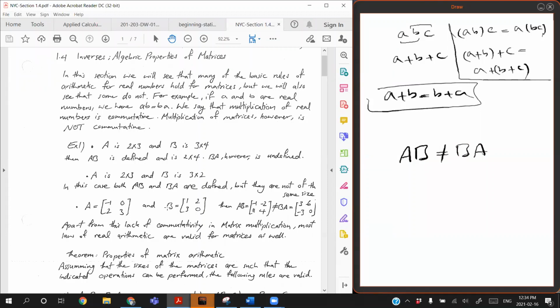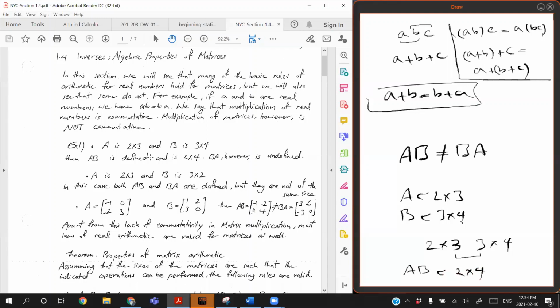And here you have examples. Imagine A is a matrix that is 2 by 3, and B is a matrix that is 3 by 4. Since the dimensions are 2 by 3 and then 3 by 4, the inner dimensions are the same. So AB would be defined and it would be 2 by 4.